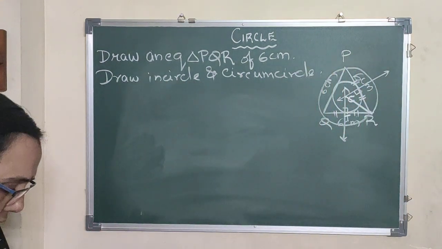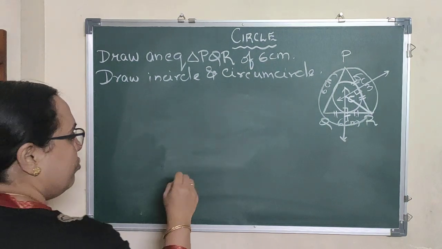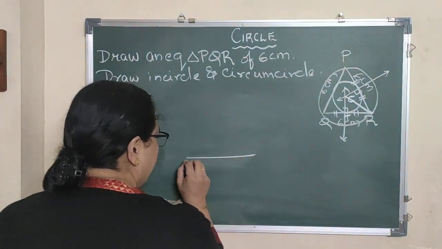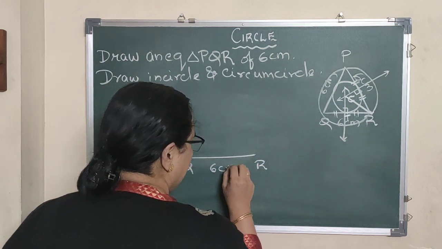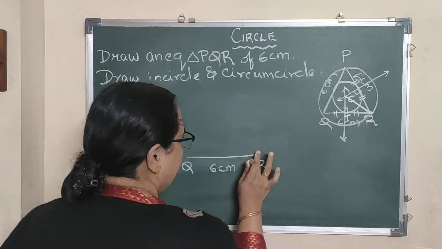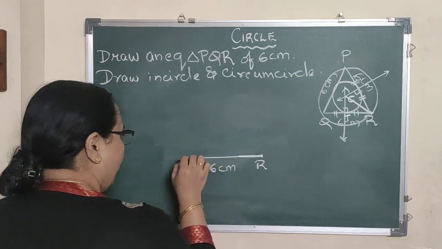So let us do it together. First and foremost, let us draw the equilateral triangle. You have to construct it. Take the base QR, 6 centimeter. Children, you have to be very careful when you are doing it. You have to show the arcs to complete the triangle.